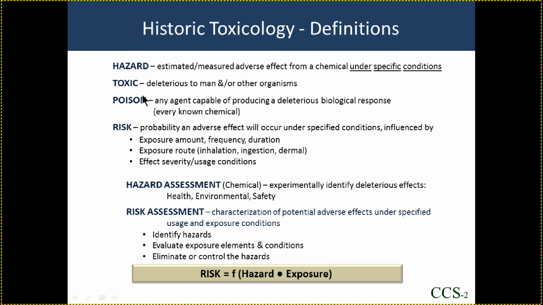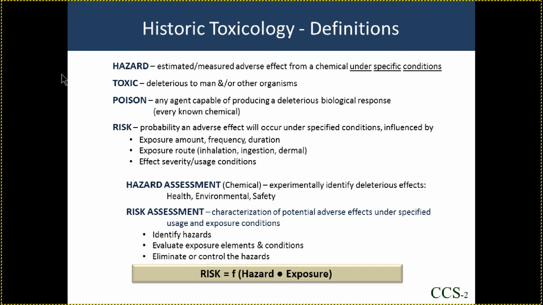So the first grouping there of hazard, toxic, and poison, those terms are used both in the technical and the lay literature, and have a certain connotation that is negative, typically in its nature. They are sometimes used as synonyms, but hazard in the context of what is being discussed in the law and the pending regulations is a measured endpoint.